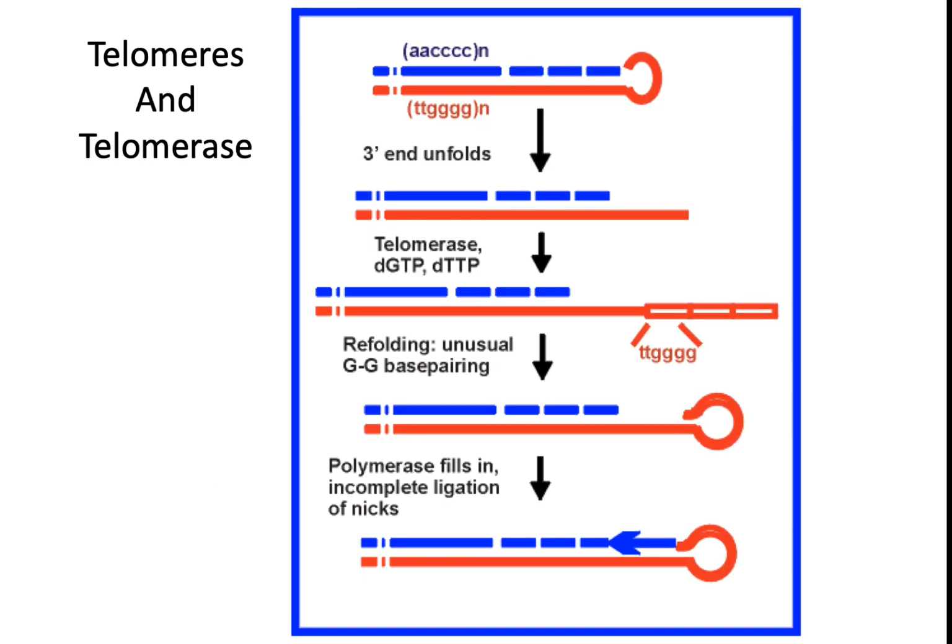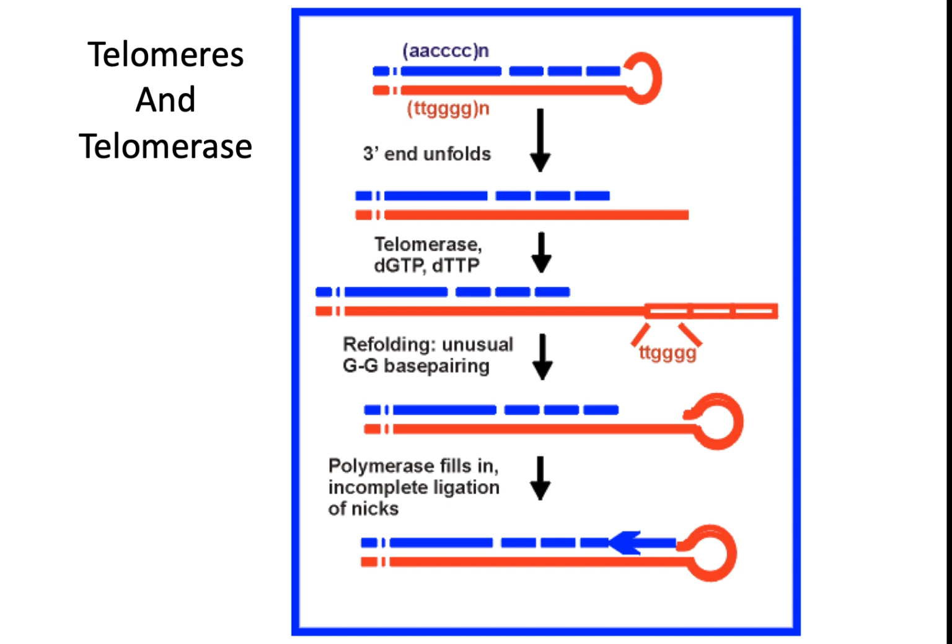To finish off the telomeres, DNA polymerase gets involved also. So here is the leading strand, the lagging strand with the Okazaki fragment still there. And then the telomeres are being added on here. Ultimately, that loops around, and then DNA polymerase comes in and finishes off that entire piece.